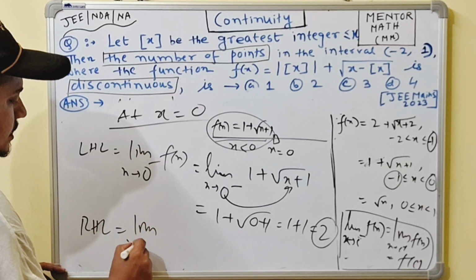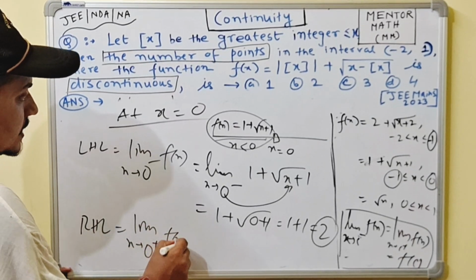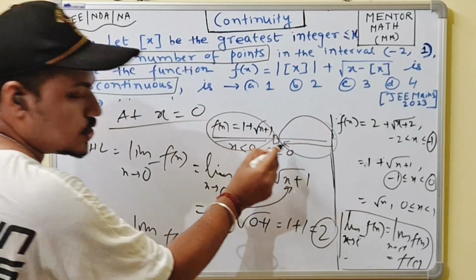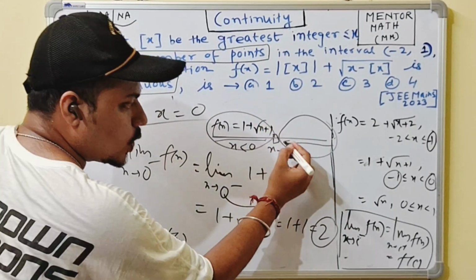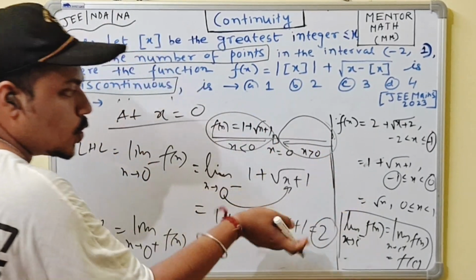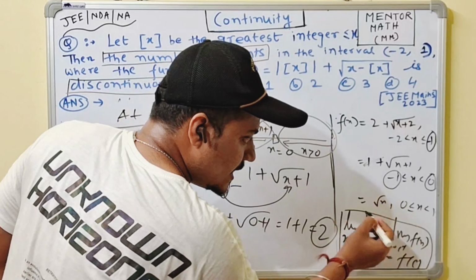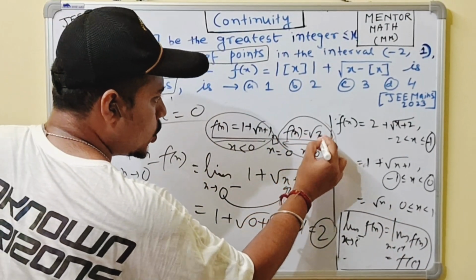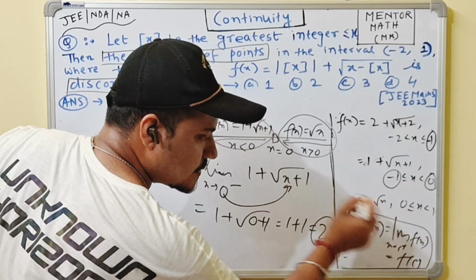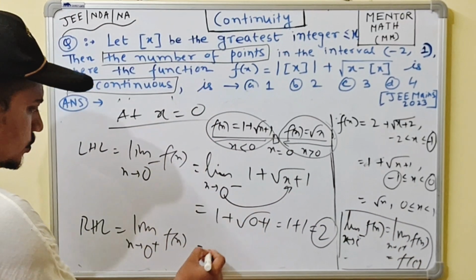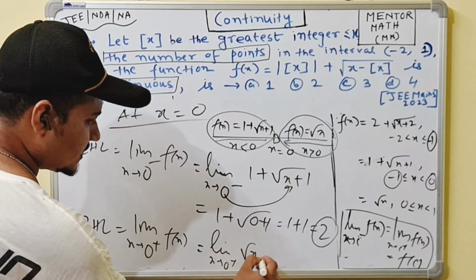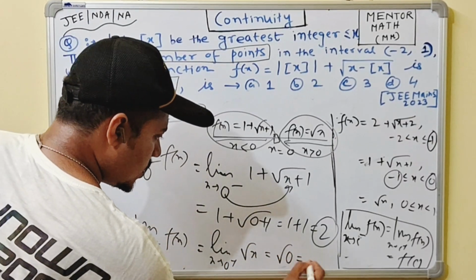Similarly you can find your right hand limit also. Limit x tends to 0 plus f(x) means it comes from the right hand side and close to 0. Whatever value you take close to 0 is greater than 0, so in that situation the function gives root x. So f(x) is equal to root x, and limit x tends to 0 plus root x gives root 0, which is 0.